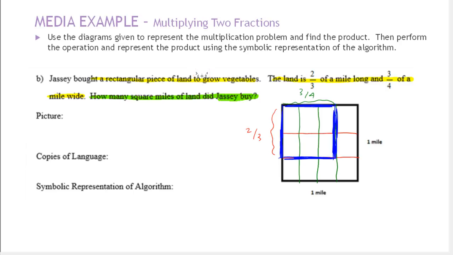Well, notice the entire square mile is broken into, let's just number these. I'm going to number them in kind of a weird way, but it'll make sense later. It's broken into 12 equal pieces, so each rectangle is 1/12 of a square mile.